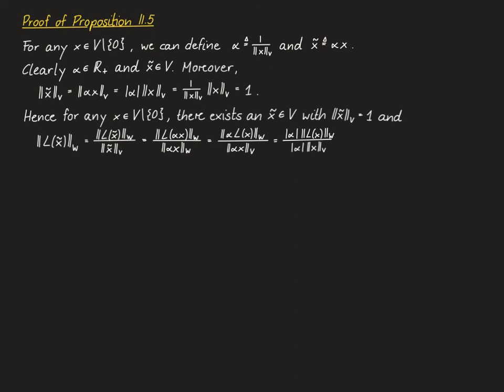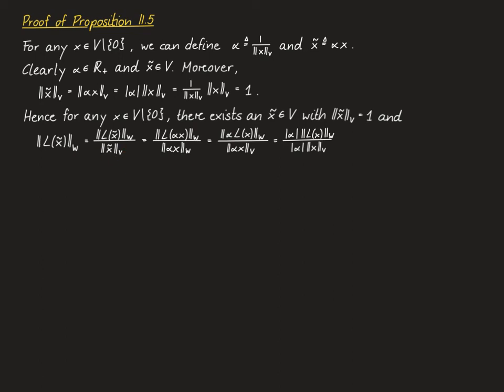Hence, for any vector x in V without 0, there exists a vector x tilde in V with the norm of x tilde being equal to 1 and the norm of L of x tilde being equal to the norm of L of x tilde divided by the norm of x tilde, because the norm of x tilde is equal to 1.